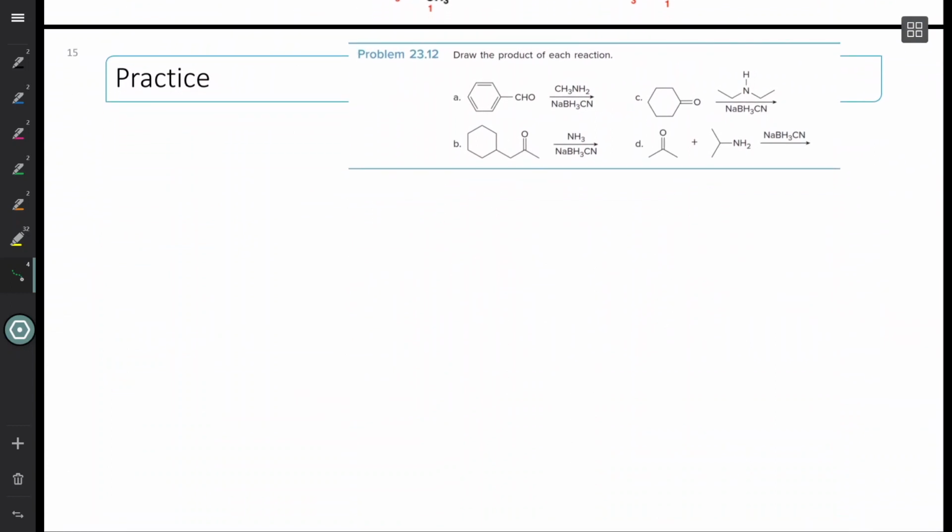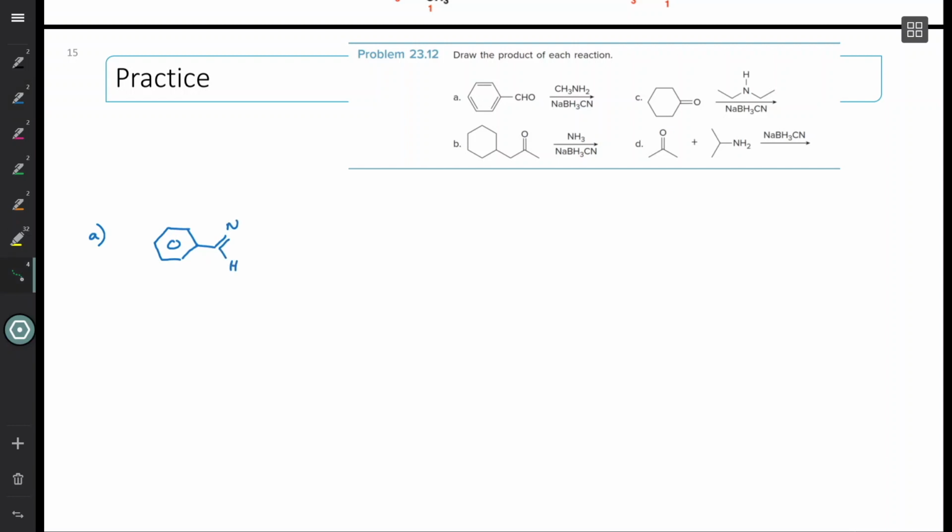All right, here's some practice problems. I'm gonna do one with you guys and then maybe just write these in the notes for later. So let's see. It says draw the product of each reaction. These are all reductive aminations. I'm gonna show the intermediate, but you don't have to. So this is an aldehyde. So there's a hydrogen here.